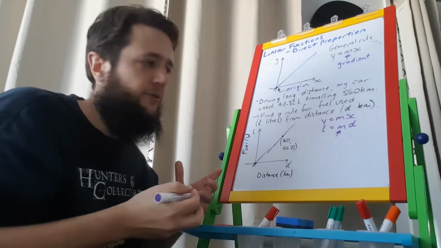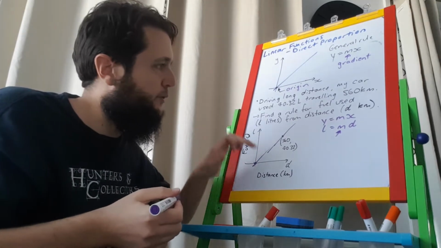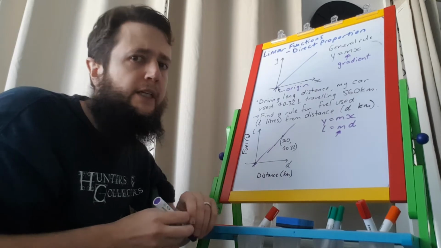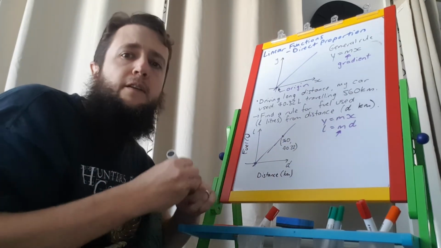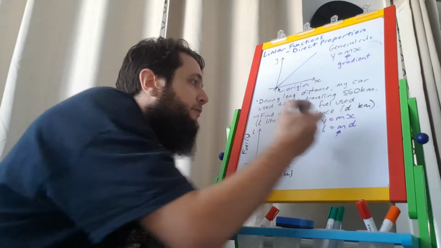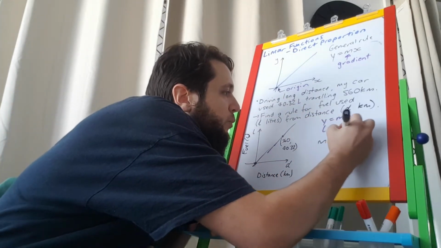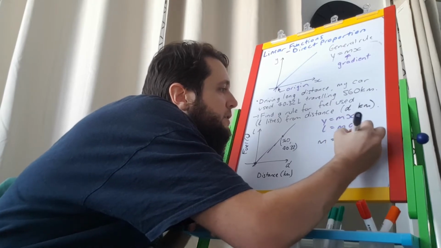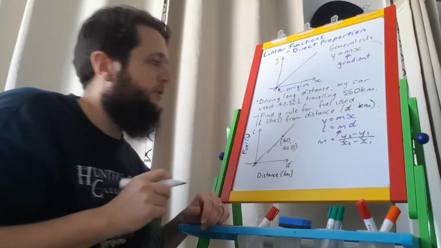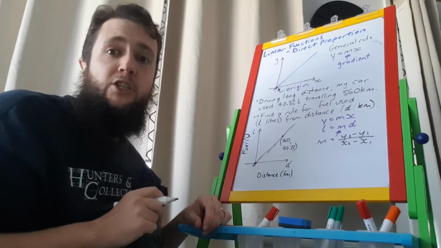All right, to make a model linking the amount of fuel used to the distance, we need to work out what the gradient is. So I'm hoping from previous lessons you might remember gradient is worked out by y2 take away y1 over x2 take x1. That simply requires 2 points. We actually have 2 points.